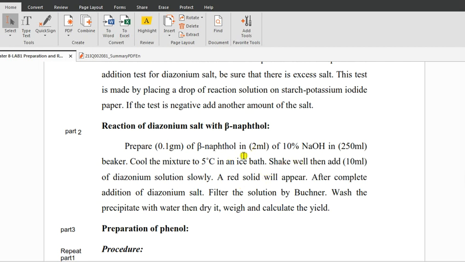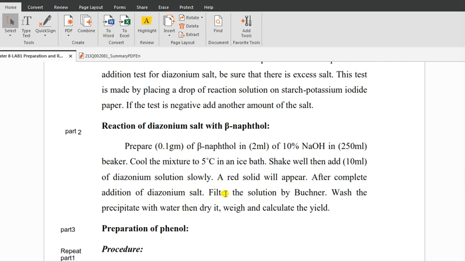Shake this solution, and to this solution add 10 ml of diazonium salt solution slowly. The product will be a red solid. After completing the addition of diazonium salt, you have to filter the solution by Buchner, then dry it and calculate the yield.